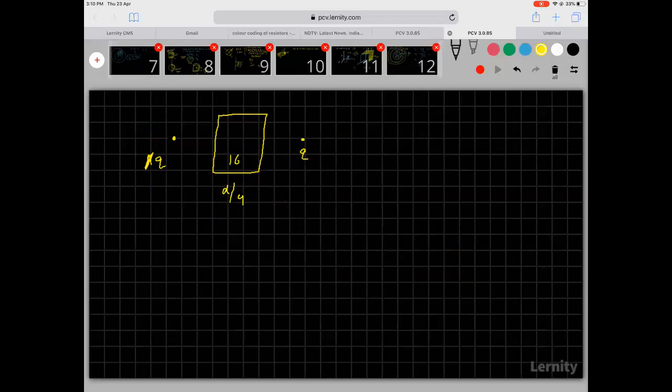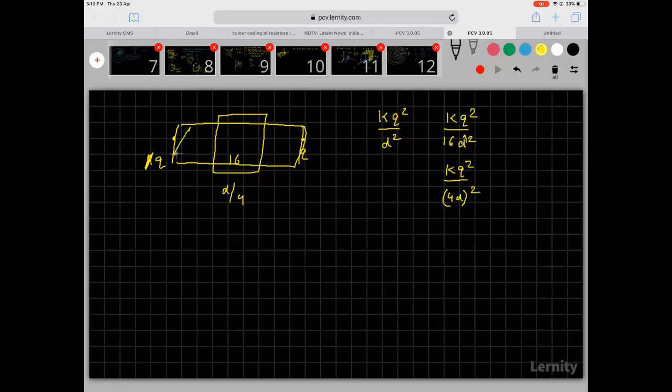If the dielectric had not been there, the force is kQ squared by d squared. If you had fully filled it with the dielectric, the force would have been kQ squared by 16d squared. Do you understand this? Now 16d squared I can write as kQ squared by 4d the whole square. So if this region was fully stuffed by a dielectric, this would have been the force.